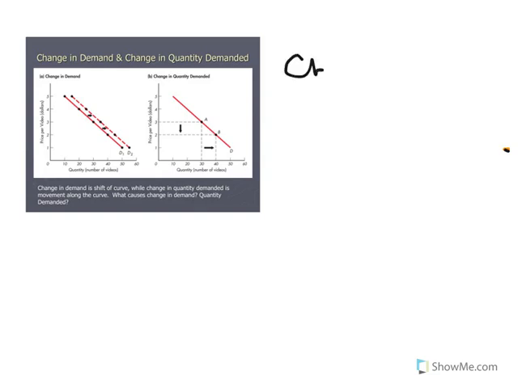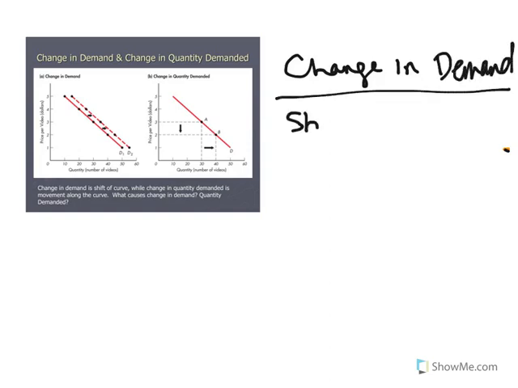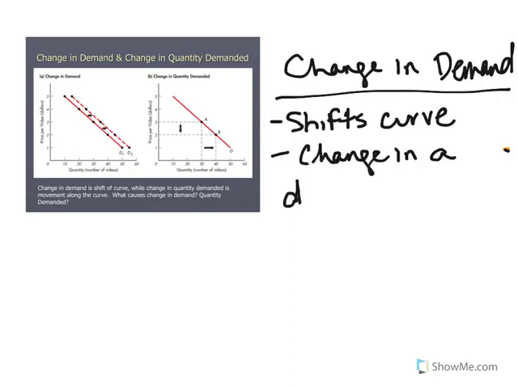So anytime there's a change in demand, that basically means the curve shifts, and the reason why it's shifting is because there's been a change in a determinant of demand.